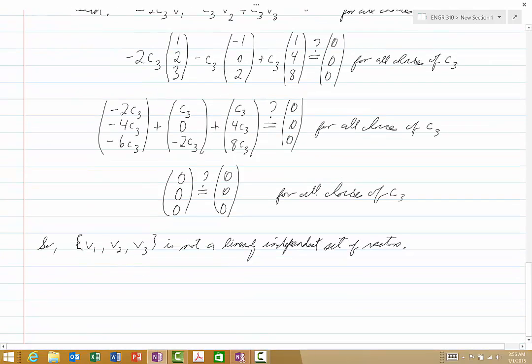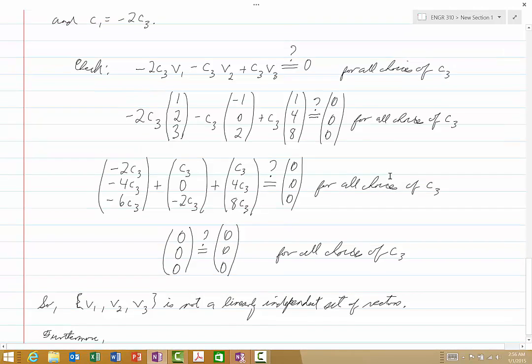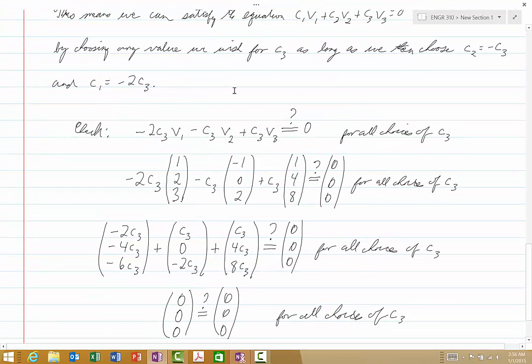And furthermore, notice that recall now, after we solve for C2 and C1 in terms of C3, we got this equation right here, which we have just verified.